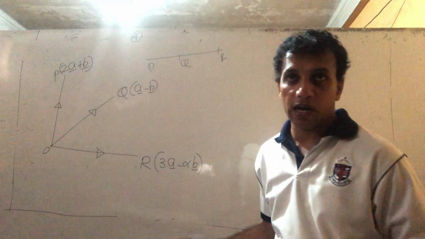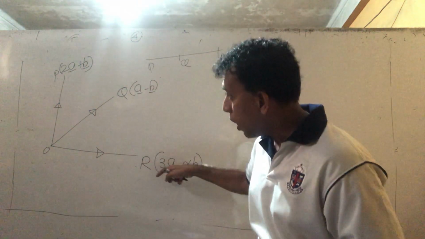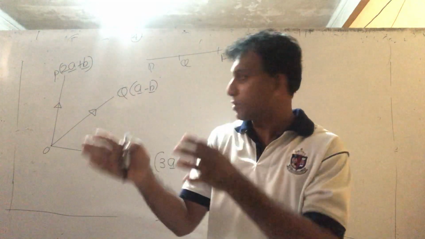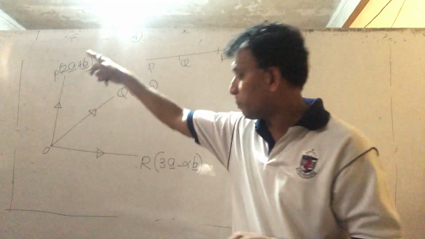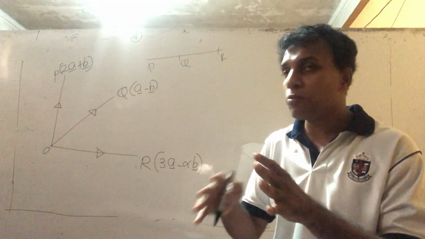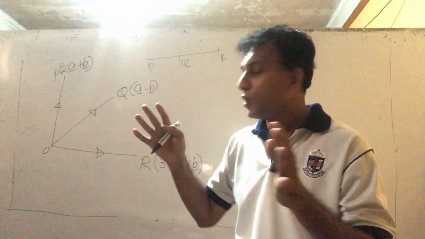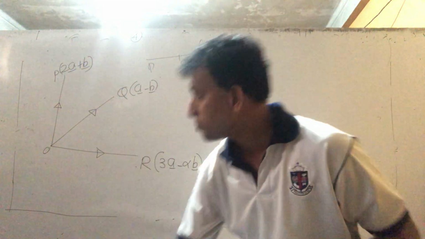PR is some lambda times PQ. We modify it in the form of a vector addition of a triangle, and we can use some knowledge to calculate the alpha value, right?